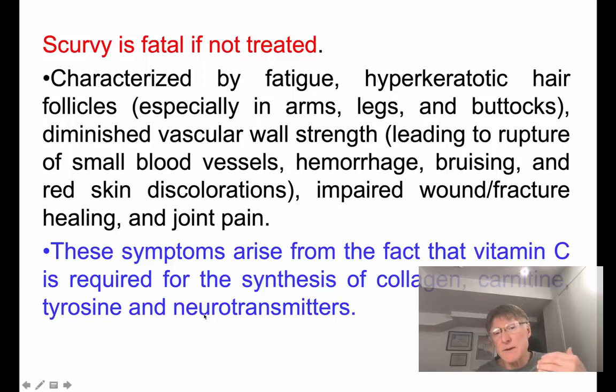So it becomes difficult for you to concentrate and have proper function of your nervous system, because you cannot produce the neurotransmitters that allow the communication between different neurons or different parts of your nervous system. So these are all associated with the lack of vitamin C. And again, scurvy is the classical condition that encompasses all these problems together.